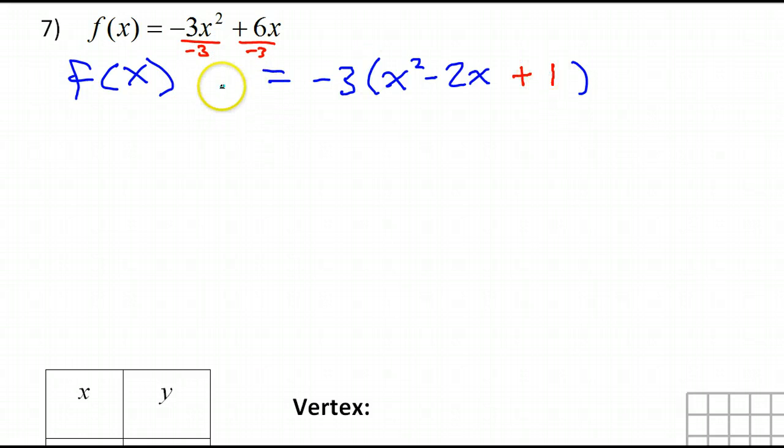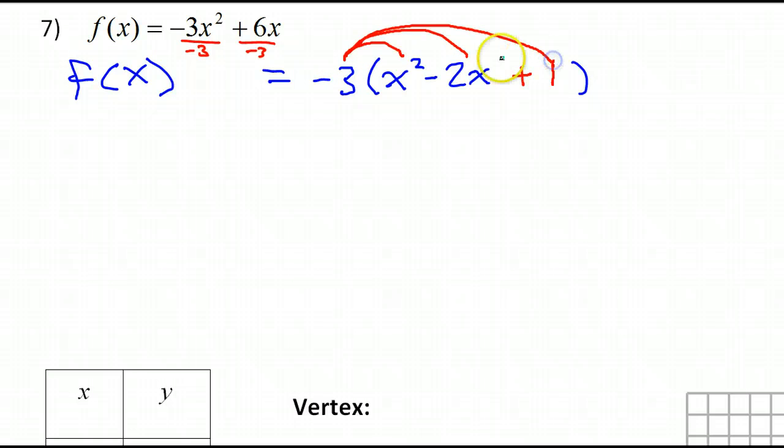No, I will not put a +1 over here on the left, because even though this looks like a +1, in a minute I could do the distributive property to see what really happened. And if I did the distributive property right away, you would see this would become a -3. It's really a -3, okay?